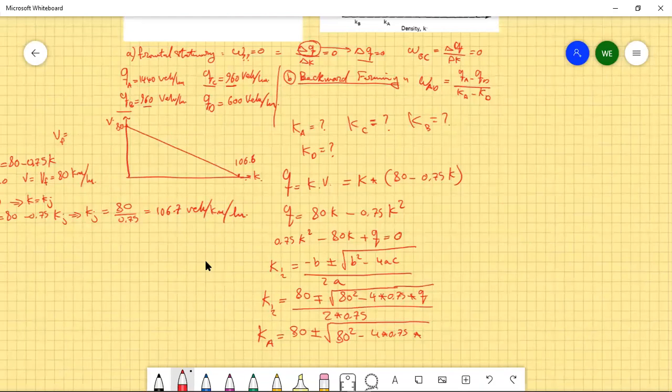QA 1440, divided by 2 multiply 0.75, which is 1.5. How much, guys? 22.9. 22.9, and the units? Vehicles per kilometer per lane. So that's the first value, or that's the second value. What's the first value?